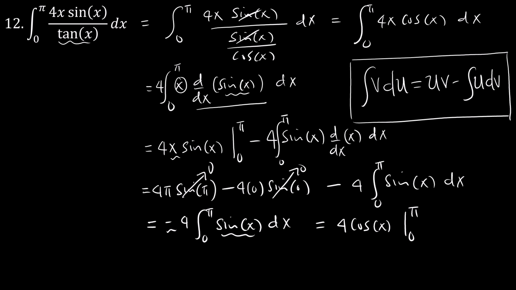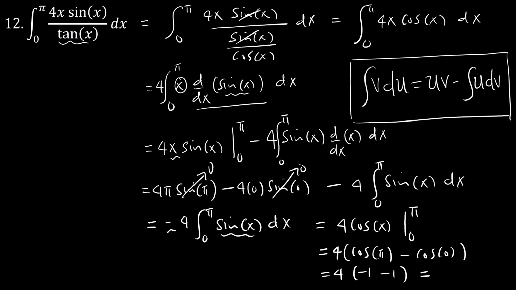And so what we have here now is 4 times cosine of pi minus cosine of 0, which is 4 times negative 1 minus 1.